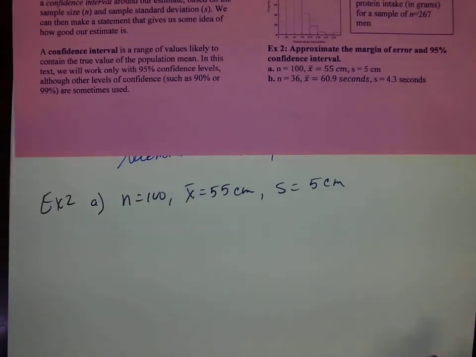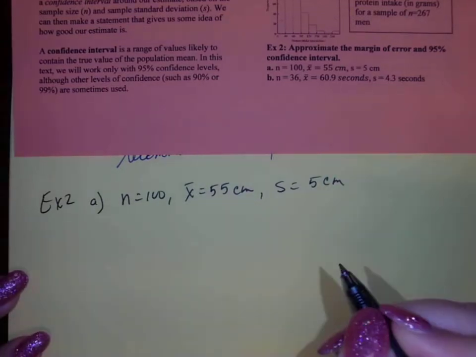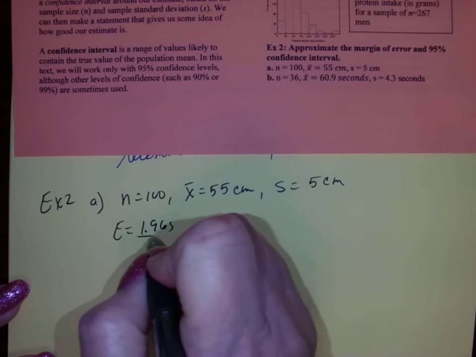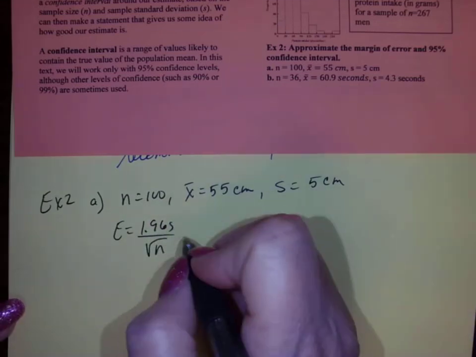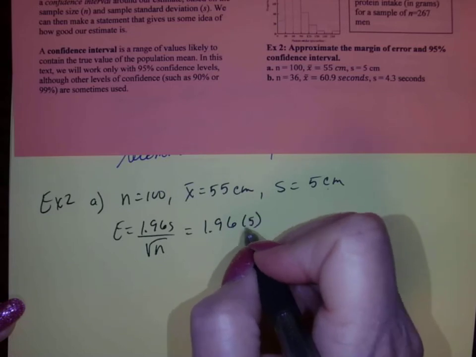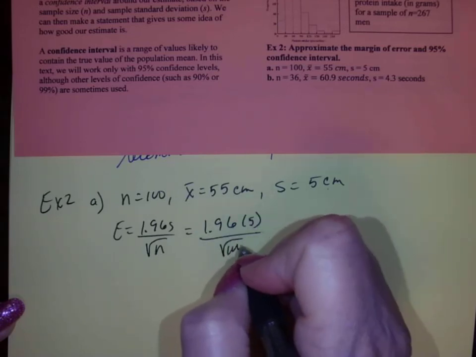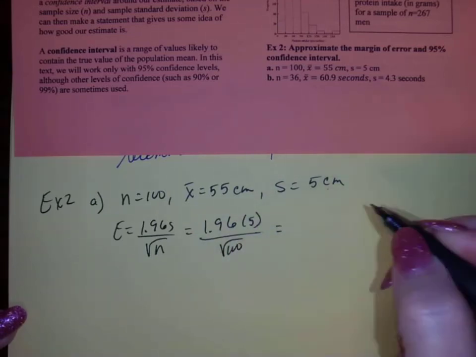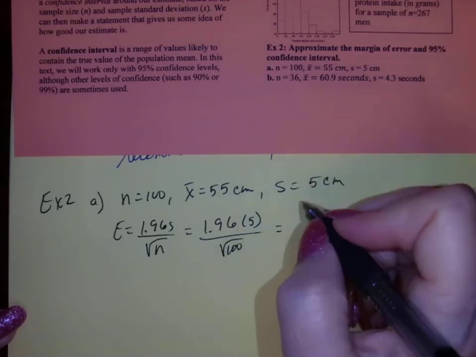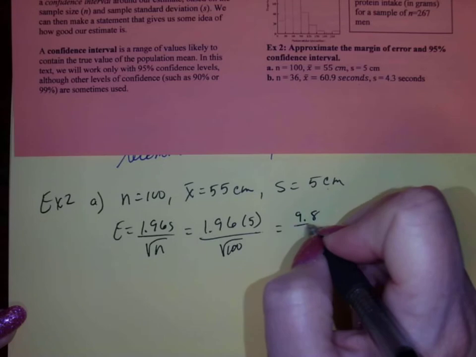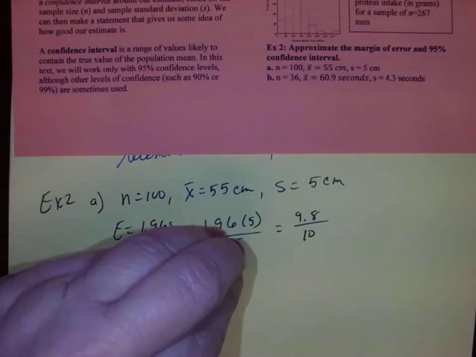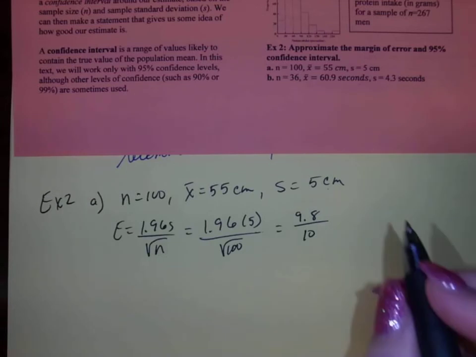Well, to find the error will be 1.96s divided by the square root of n. So 1.96, our s is 5, over the square root of 100. We can simplify this down a little bit. The square root of 100 is a perfect square, so we could multiply the top and divide by 10, or you can just put it all in the calculator. I'm okay with that as well.